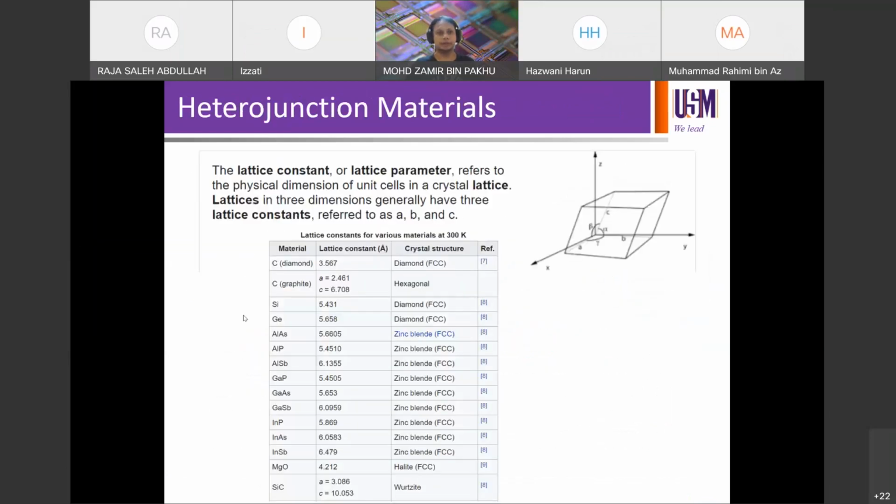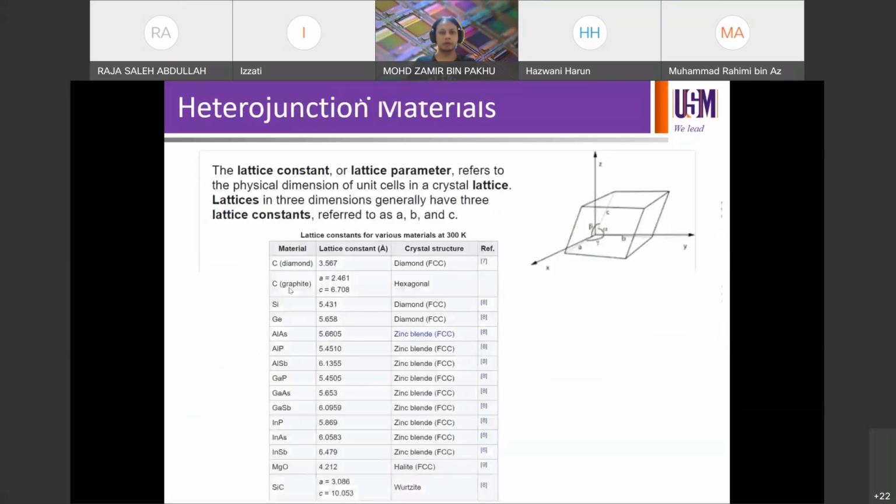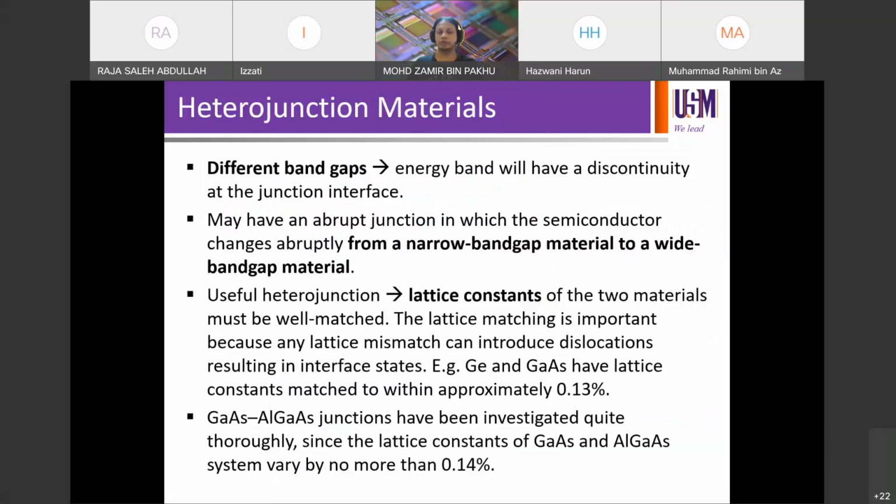Right, we have discussed a little bit on heterojunction yesterday, and we learned that heterojunction materials are another way of making a p-n junction. We used to learn about homojunction, where we form our p-n junction based on similar materials with the same band gap on both p side and n side.